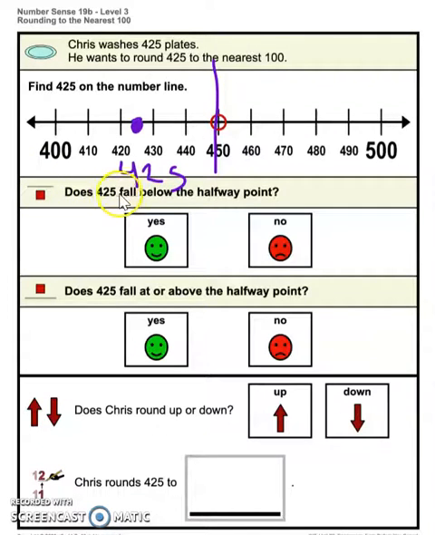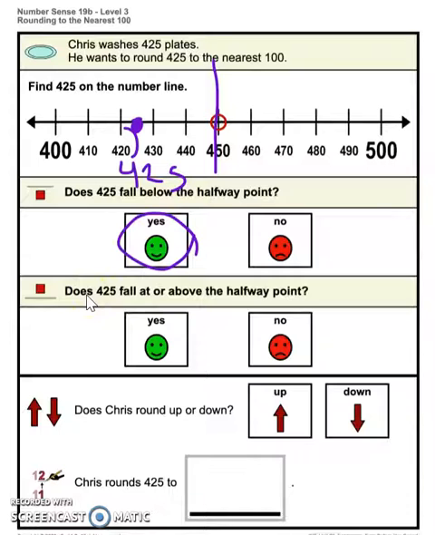So, does 425 fall below the halfway point? Well, below is going to be this way. Here are our smaller numbers. Do you see 425 on this side of the number line? Yes, there it is. 425 falls below the halfway point. So we can put yes for this question.